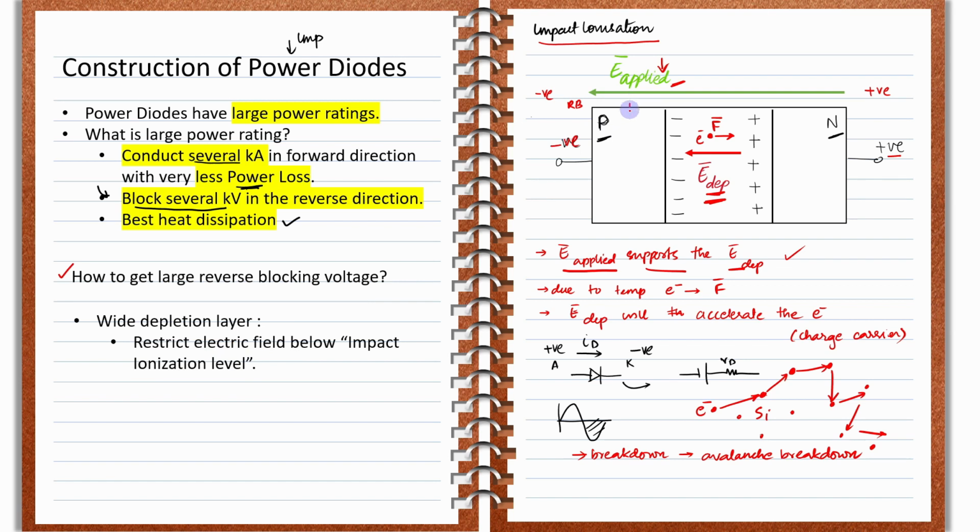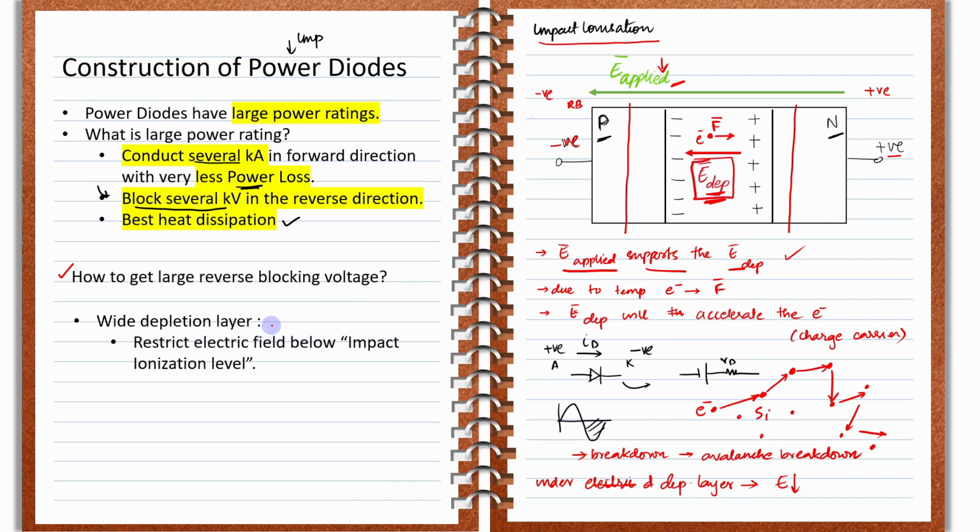Naturally, if you are having a wider depletion region, you know that the electric field will be less. As you increase the distance, naturally the electric field will come down. Therefore, this initial acceleration that the electron gets due to the electric field in the depletion layer will be reduced.